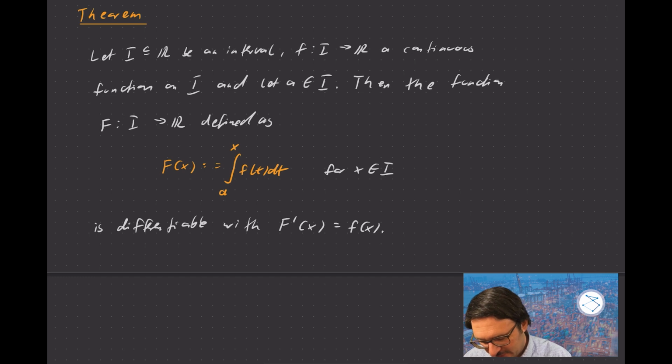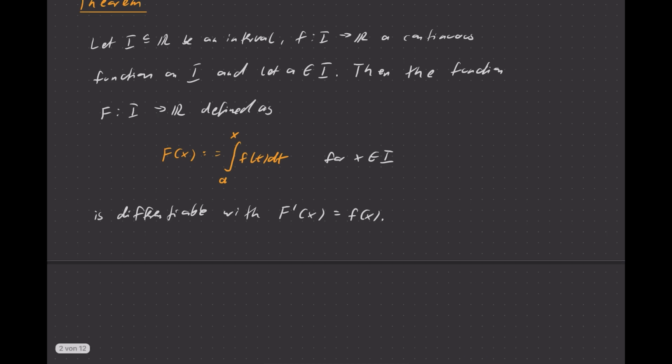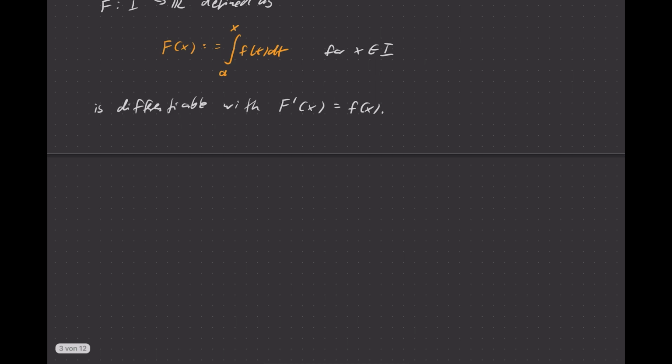Now, before we go deeper and see the second part of the fundamental theorem of calculus, let's try to prove this. And actually, with the help of the tools that we have already collected, this proof is not going to be difficult. So let's consider a point x star, and we want to compute the derivative of capital F at that point x star.